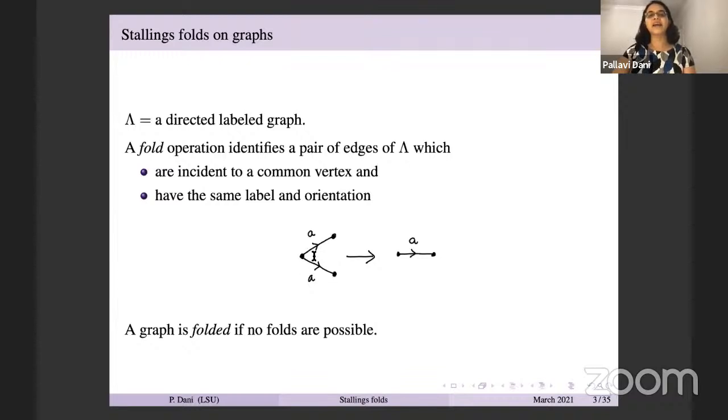So now I can identify that pair of edges in my whole graph. This is what's happening at that vertex, but you should think of this as sitting inside some big graph. What you've done is produce a new graph with one fewer edge. And a graph is said to be folded if no further folds are possible.